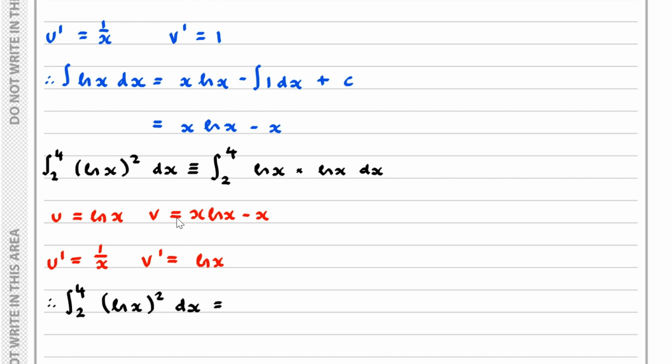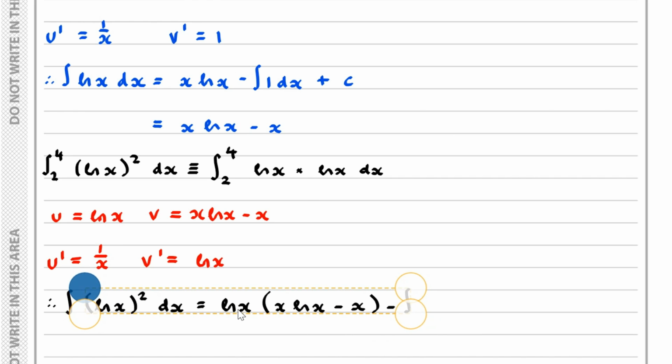We've got u times v, so we have natural log of x multiplied by x times the natural log of x minus, let's just take out the limits for a moment, minus the integral of v u dash.